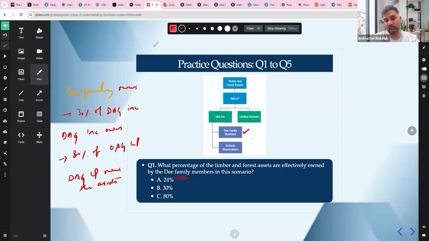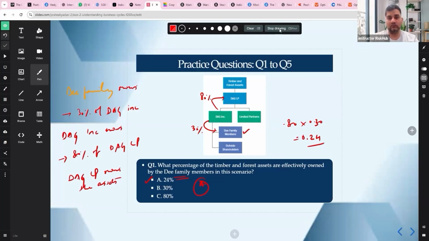The relation between DAG Inc. and the D family members is 30%. The relation between DAG Inc. and DAG LP is 80%. So the idea is just to multiply it: 0.80 into 0.30 is 0.24, 24%. Very straightforward, very easy.